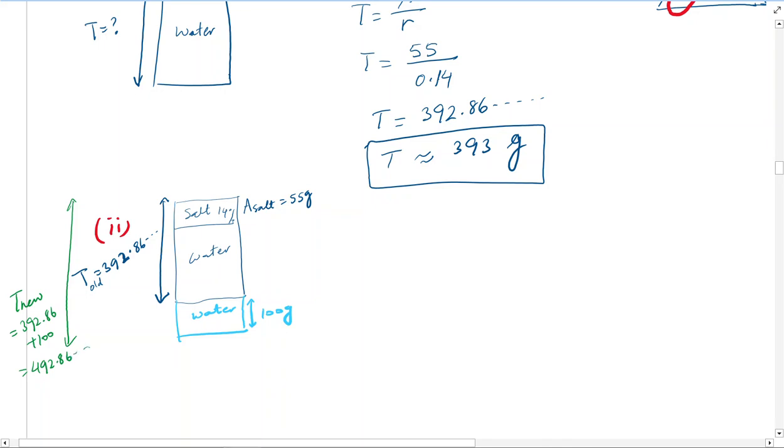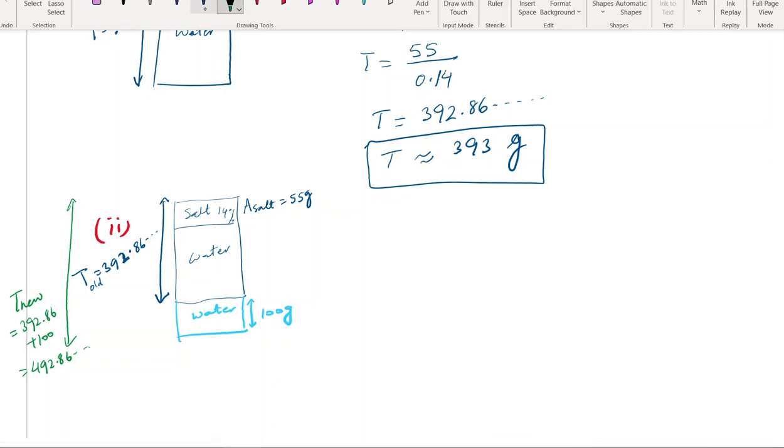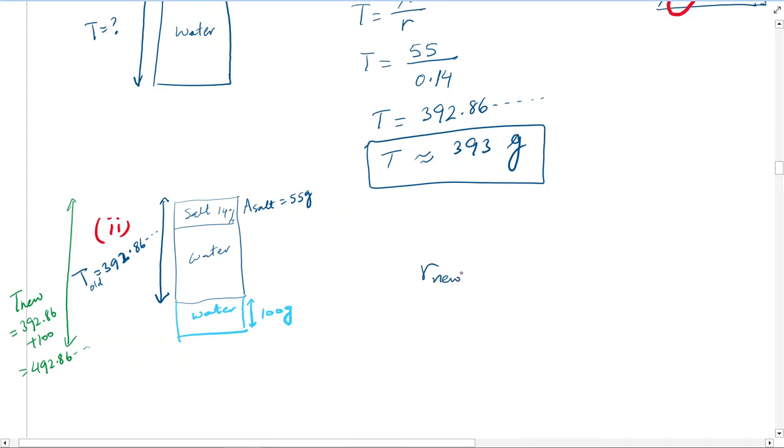And our goal is to figure out what is the new percentage of saline solution. So what is the new rate? So the new rate is amount over new total. So amount of salt over new total. The amount of salt is still the same, 55 grams, because no additional salt was added, only more water. So now the new total is 492.86, and when we use the calculator, we find 0.1116.